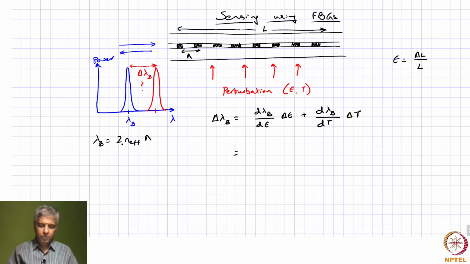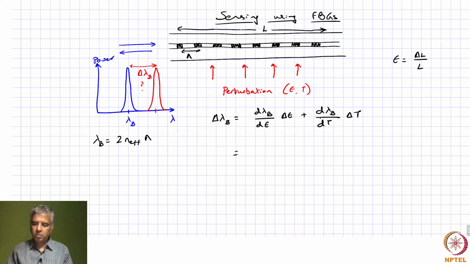But anyway, if we go ahead and try to expand this, lambda B is given by this. Any change in strain can of course change the period, because physically you are stretching the fiber, so there is a physical change in capital lambda, but there is also a change in the effective refractive index, and that is through an effect called the strain-optic effect.